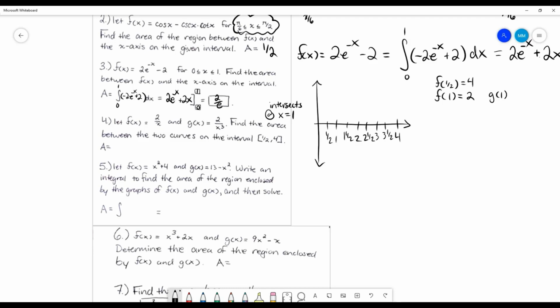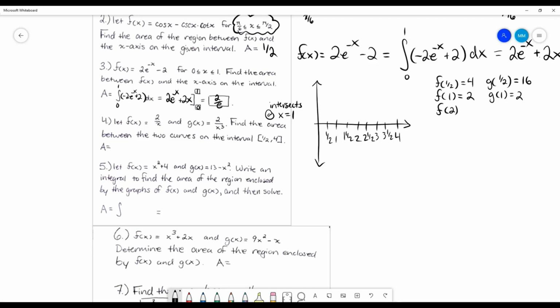Same with g of 1, that also equals 2. Let's see what g of 1/2 equals. Well, 1/2 cubed is going to be 1/8. 2 divided by 1/8 is 2 times 8, which is 16. Which tells me we need to go a bit larger than 4 up here, right? And that's kind of what I'm looking for. I'm looking for those higher values that we want to keep in mind.